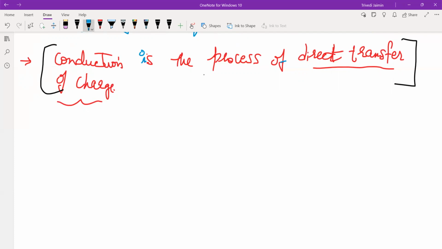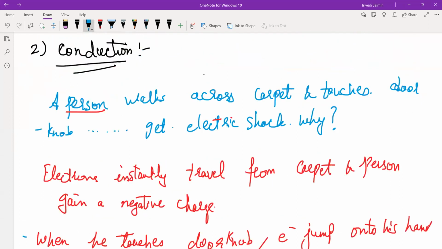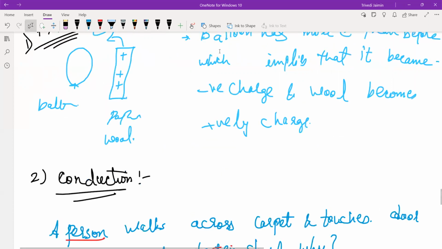Okay. Clear with this one, everyone? Conduction? Everyone? Yes. Any doubt? No doubt, sir. What about others? I have 20 members here. No doubt, sir. Okay. Still some more.